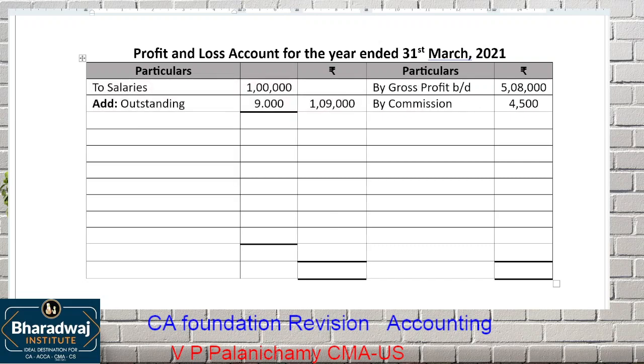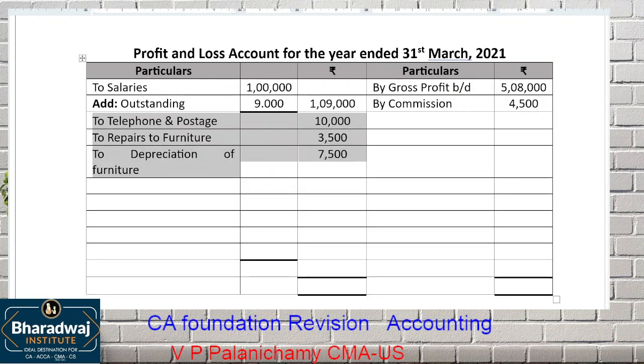Salary plus outstanding salary. Telephone and postage, repairs to furniture, depreciation on furniture will come here. What else will come? Rent, 3/4 for the factory, remaining 1/4 will come. Lighting 1/3 will come.